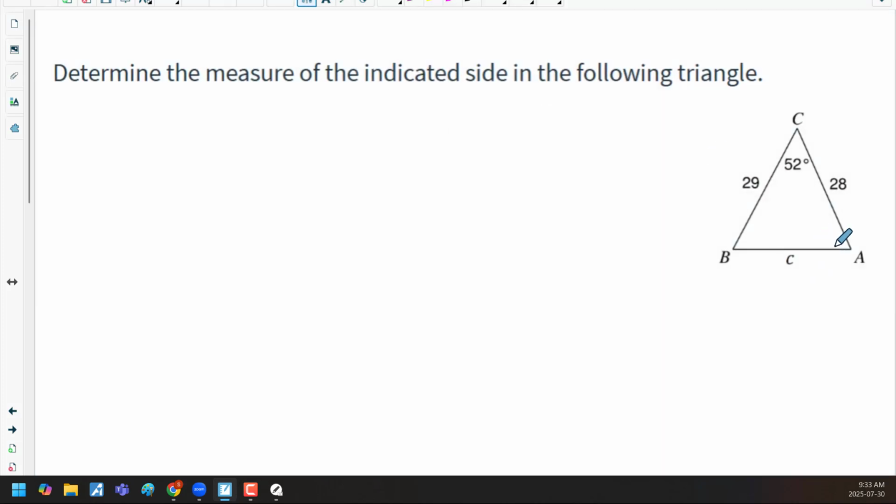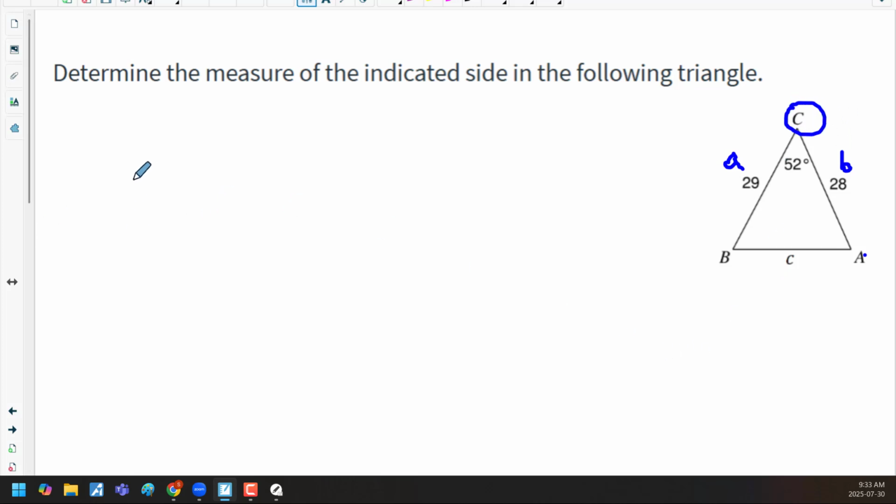Okay, so we have angles A, B, C, and side lengths a, b, c as well. In case you're wondering, this is lowercase a, this is lowercase b. So, what angle is given? Angle C is given.